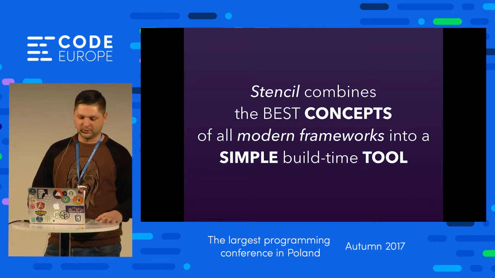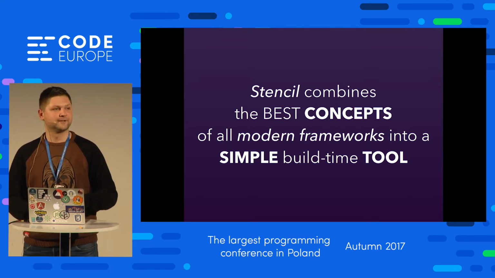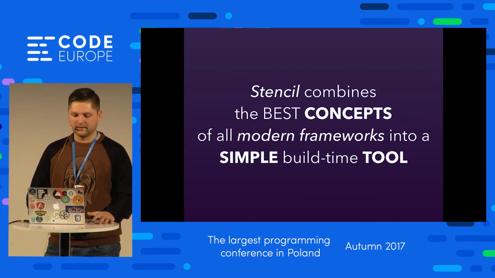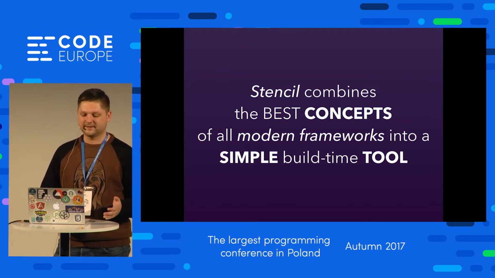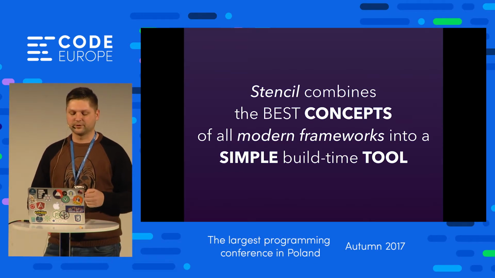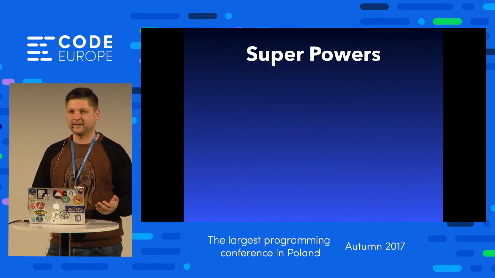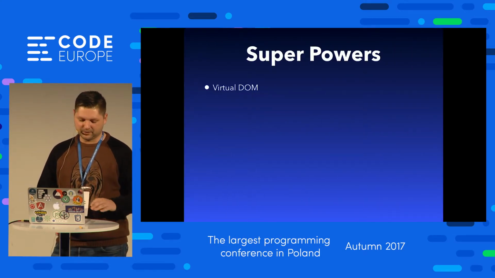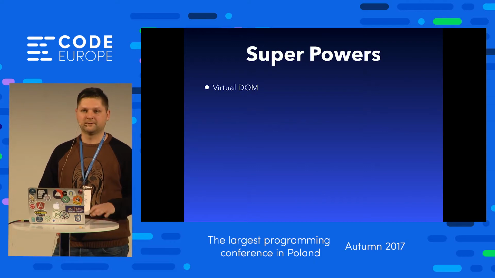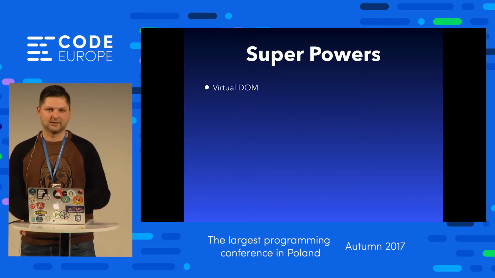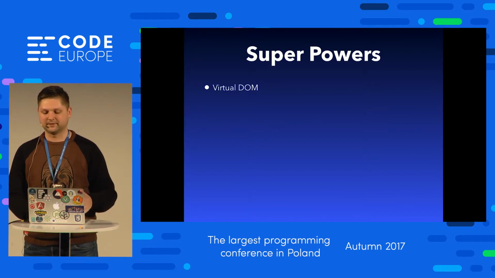It's not just a simple compiler, but a compiler with superpowers. Stencil combines the best concepts from all modern frameworks into a simple build time tool. Build time is really important because you have no dependencies on runtime, nothing to include except your created components.